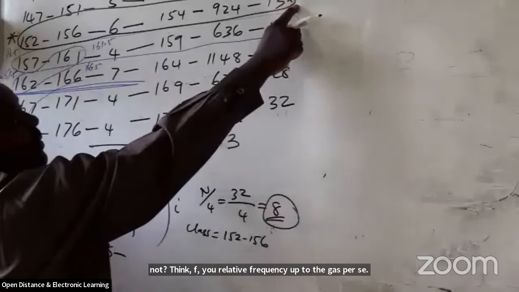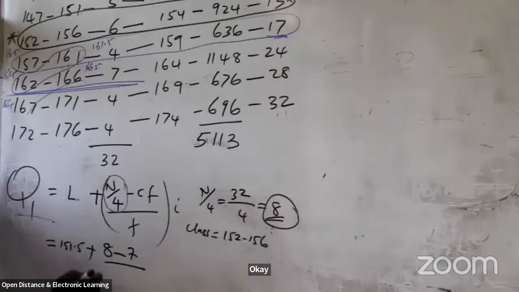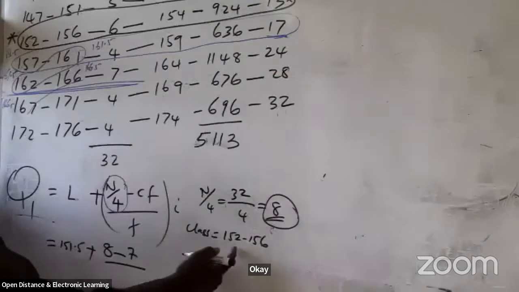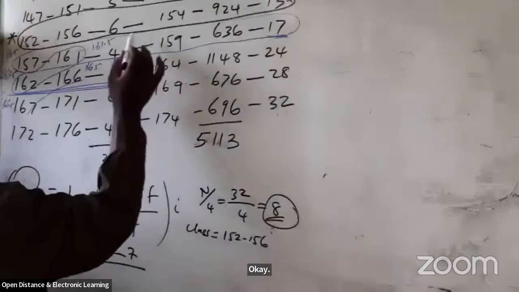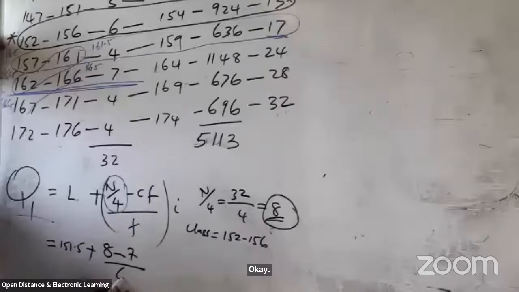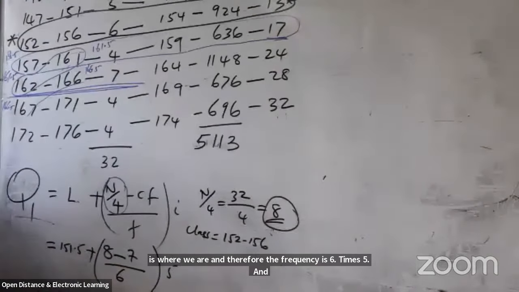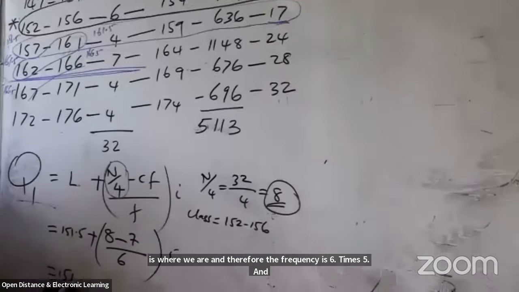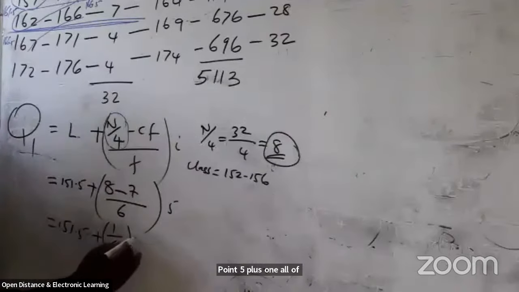We are here. What precedes is 7, divided by f, the frequency of that interval, 152 to 156. This is where we are, and therefore the frequency is 6 times 5. And this therefore will give you 151.5 plus 1 all over 6 times 5.